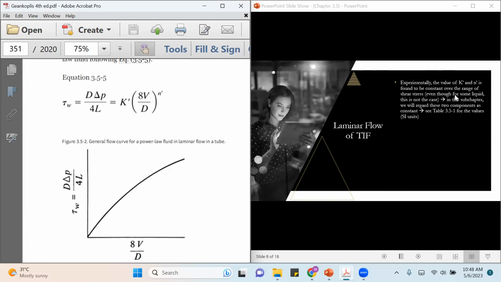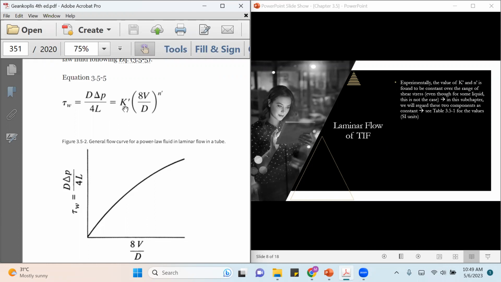By experiment, many researchers found that the values of K' and n' are constant over the range of shear stress, even though for some liquids this is not the case. However, in most cases K' and n' are constant over the value of shear stress. So that's why in this class we will regard these two components as constant.